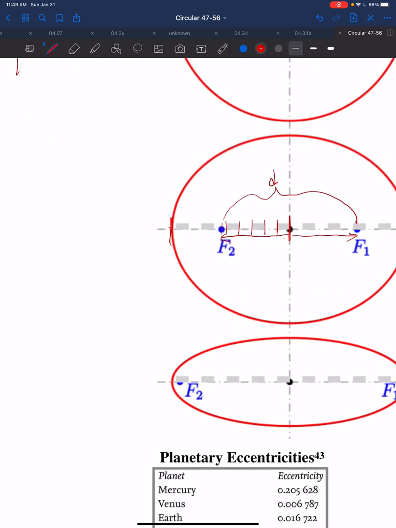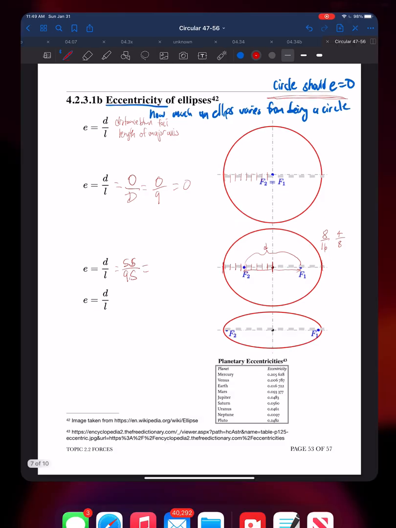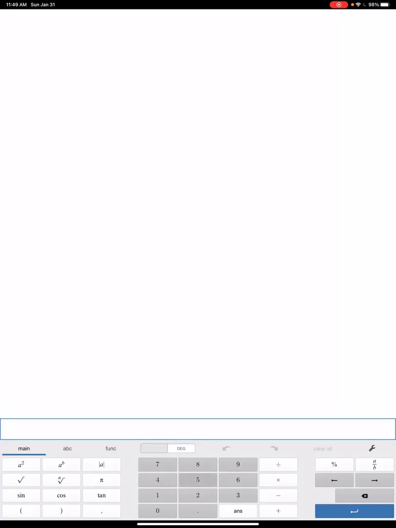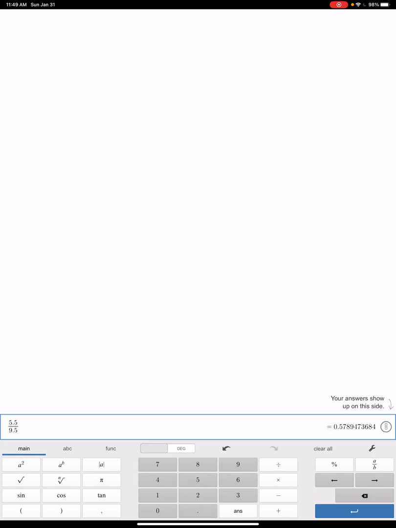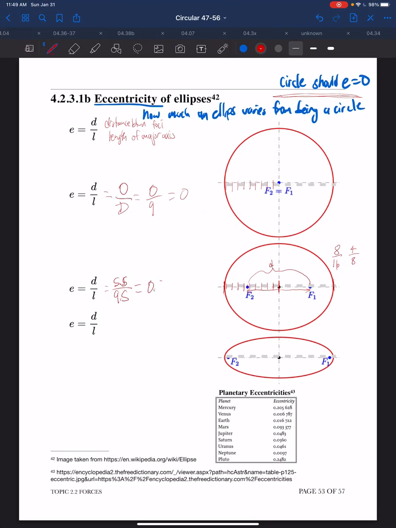And this is 6, 7, 8, 9, and maybe 9.5. So we get an eccentricity using our calculator: 5.5 divided by 9.5 is 0.5789. Since we have 2 significant digits in our numbers, we can only report 2, so 0.58.